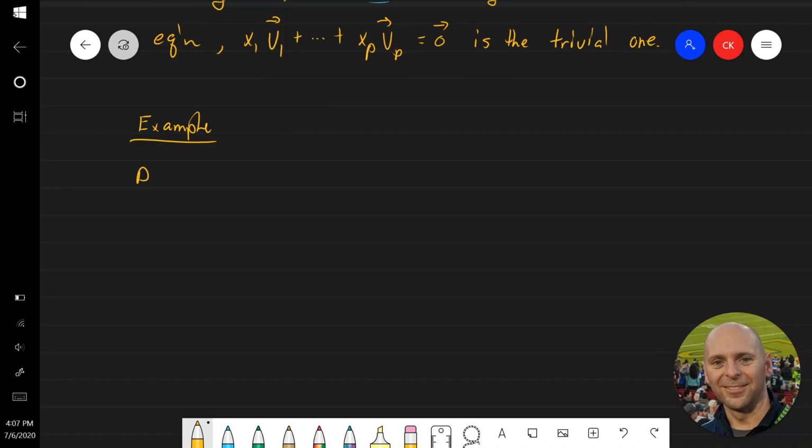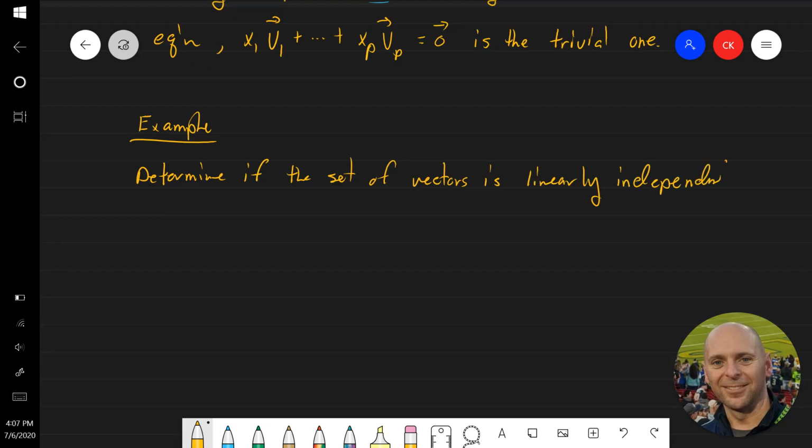So let's determine if the set of vectors is linearly independent or dependent, which is the alternative.